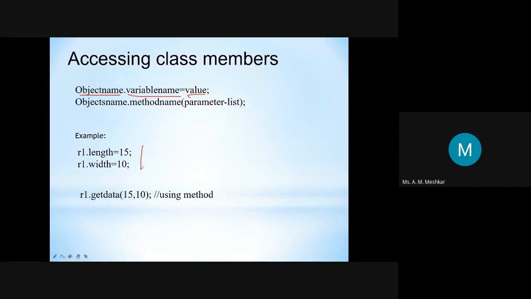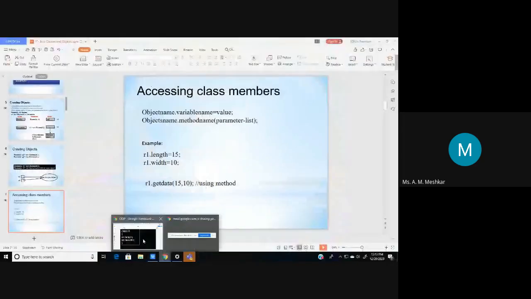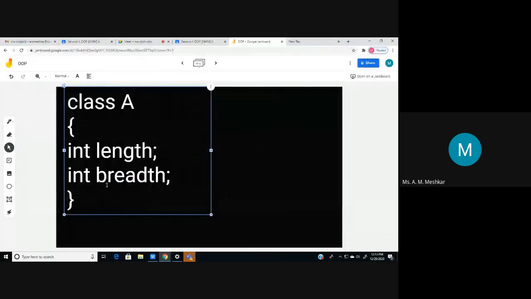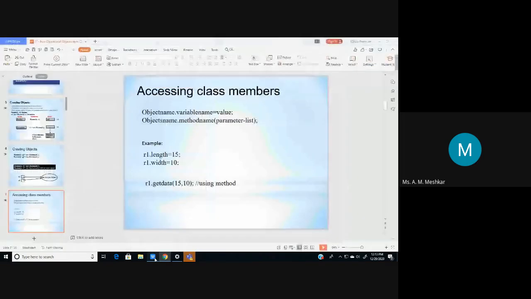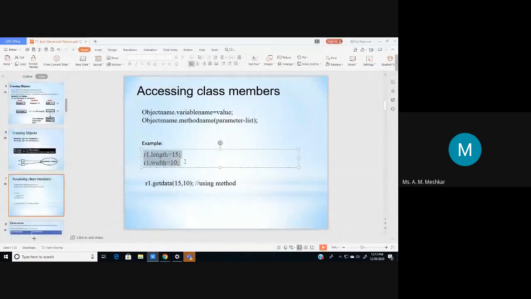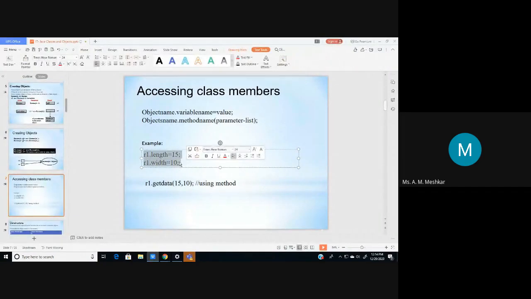As you can see in this example, if I have created the object R1 of the Rectangle class, and I want to initialize the data fields of that class, which were length and width, as we have seen in this, right? See, if this is my class A, int length, int breadth, ओके ये इसके दो अगर सपोज डेटा फील्ड्स हैं तो इसे मुझे अगर इनिशियलाइज करना है तो while I am creating the object R1 और वो क्रिएट करने के बाद हम उसे डायरेक्टली क्या कर सकते हैं, with the help of such statements we can modify and assign the values to these two variables of that object.